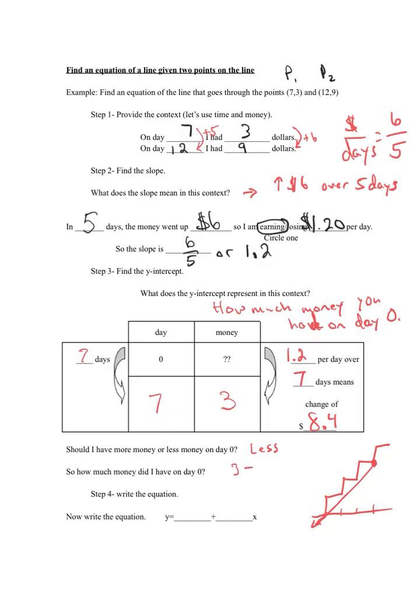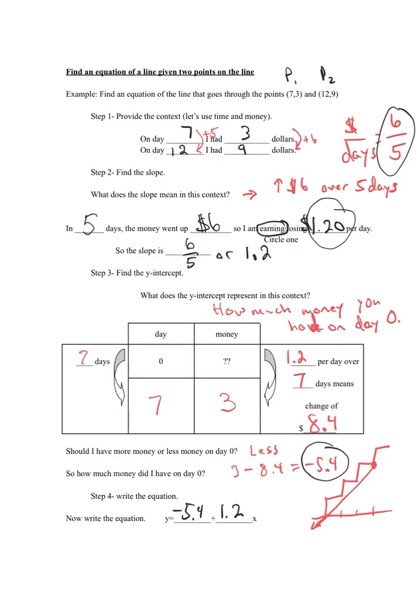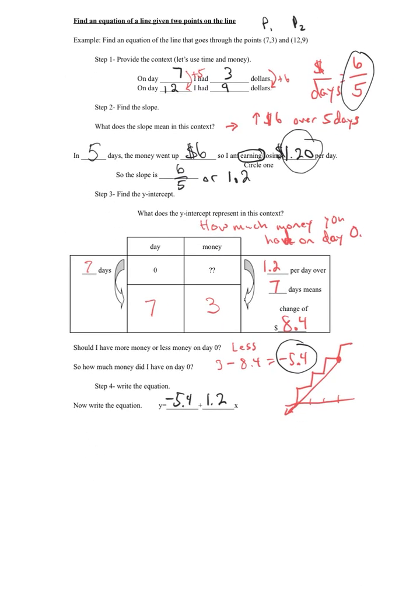Well, it would be 3 minus 8.4, giving us negative 5.4. All right, and then so that would be day 0, you had negative 5.4. All right, so for your slope and your y-intercept, that would be your y-intercept. The slope was the 6/5 or the $1.20. So that would be negative 5.4 plus 1.2x.